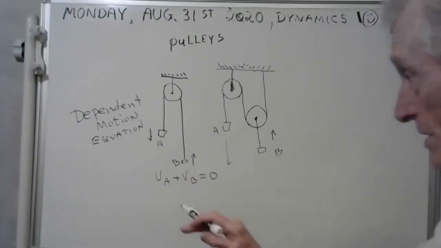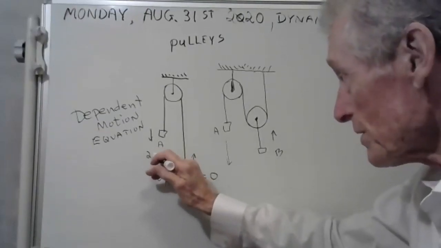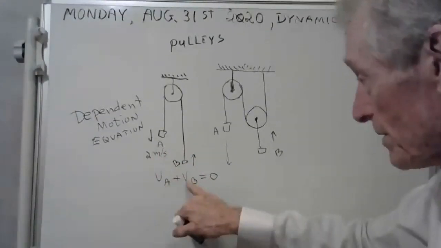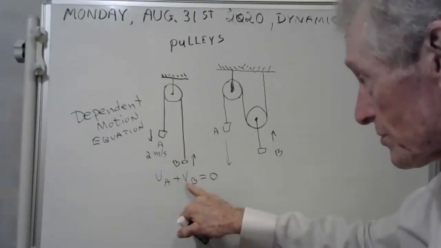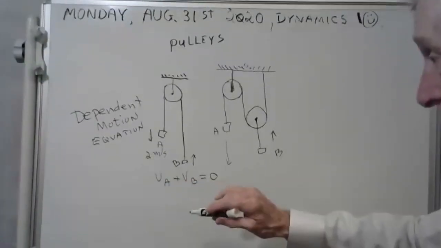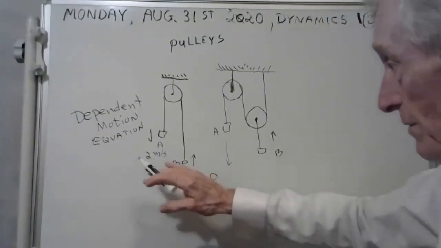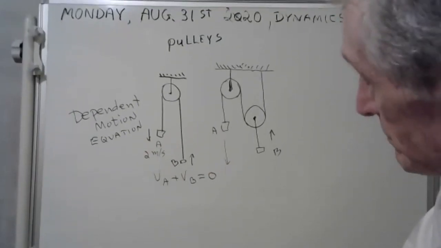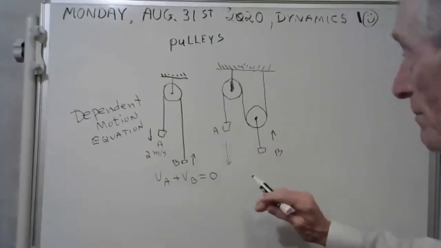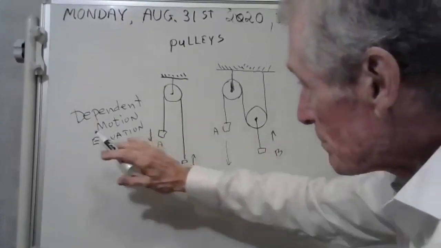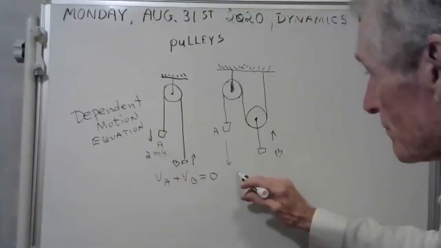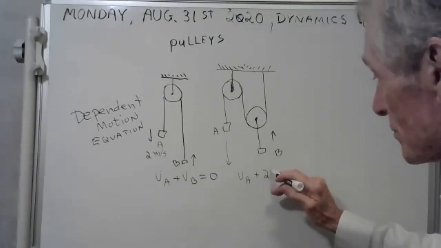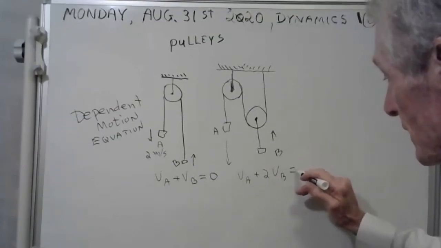For instance, suppose A is going down 2 meters a second; then V of B would be minus 2 meters a second, minus meaning that if this is the plus direction, it's going the opposite way. Whereas in this one, the dependent motion equation is V of A plus 2V of B equals 0.